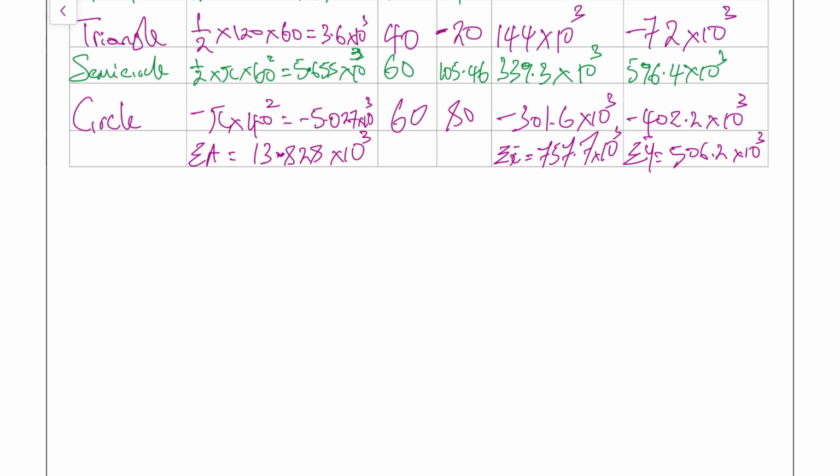To get our x bar coordinate, all we have to do is take the sum of our x bar times area and divide it by the sum of our area.